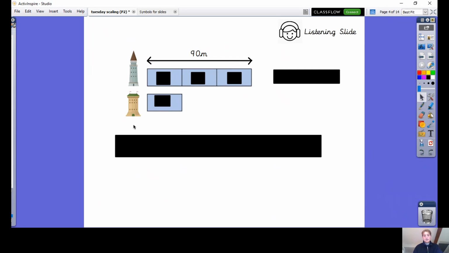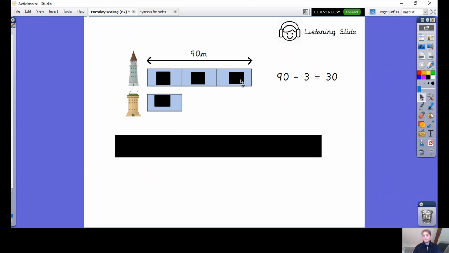Now, we have to find the value of Tower 2. As it's 3 times smaller than Tower 1, what we have to do is divide by 3. So our sum would be 90, because remember, Tower 1 is 90 meters, divided by 3, which is 30.